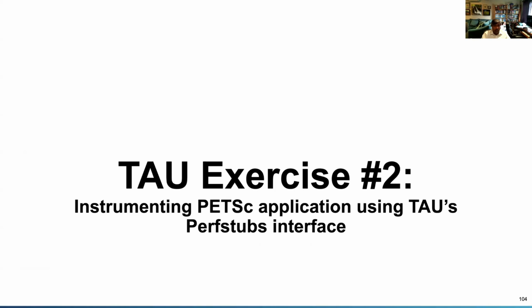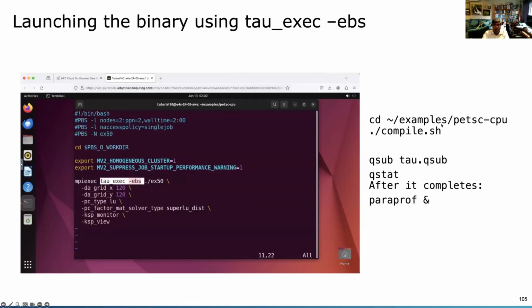Now we should go to an example that uses PETSc. This is example 2. Here I go to examples, PETSc, CPU. I'll say compile.sh and then run qsub tau.qsub, check with qstat, and after it completes, launch paraprof.